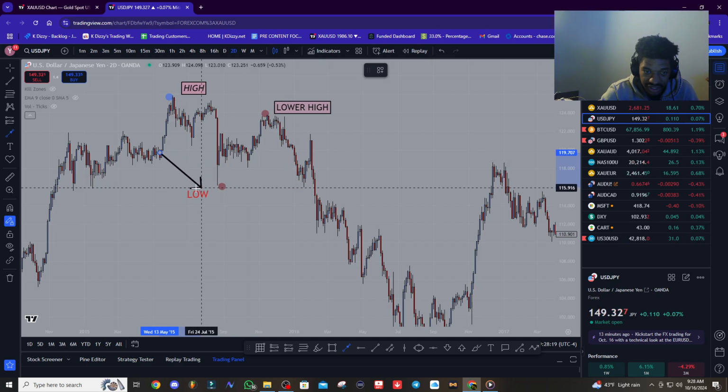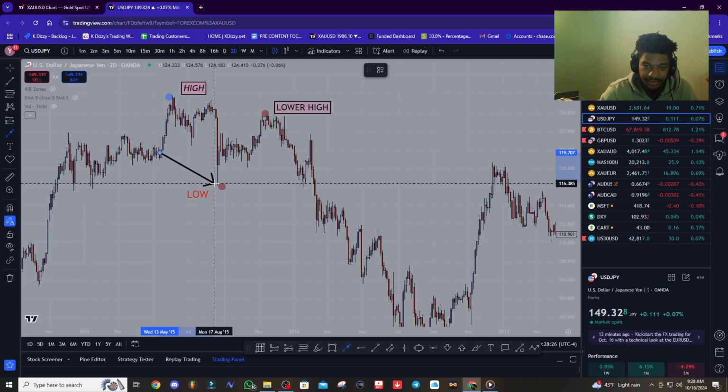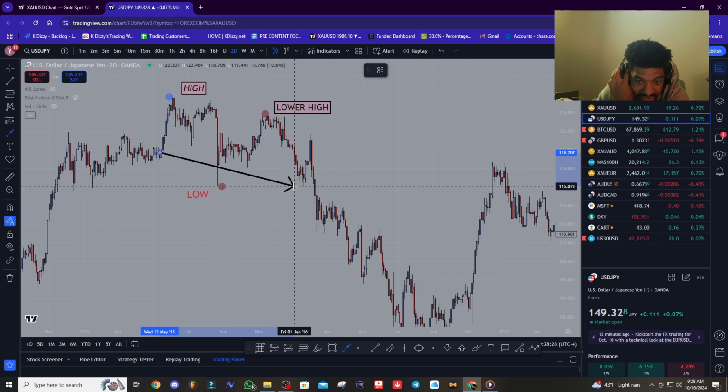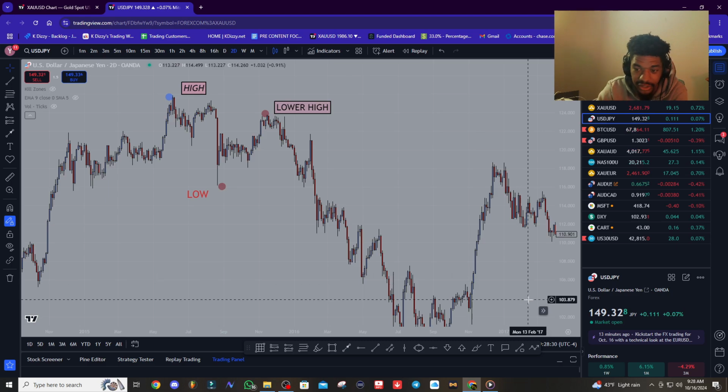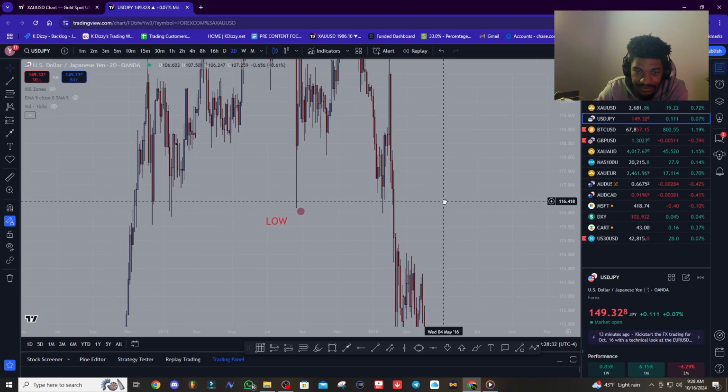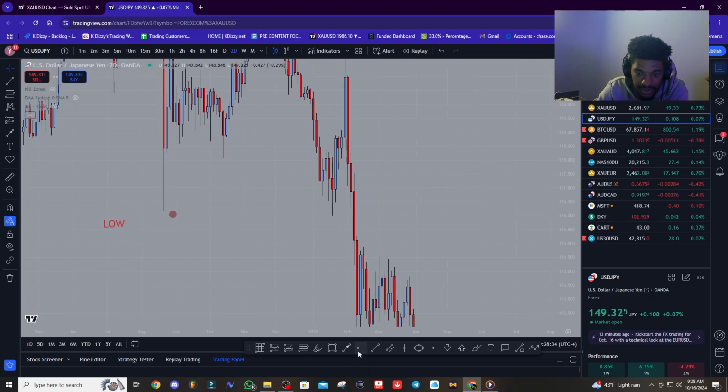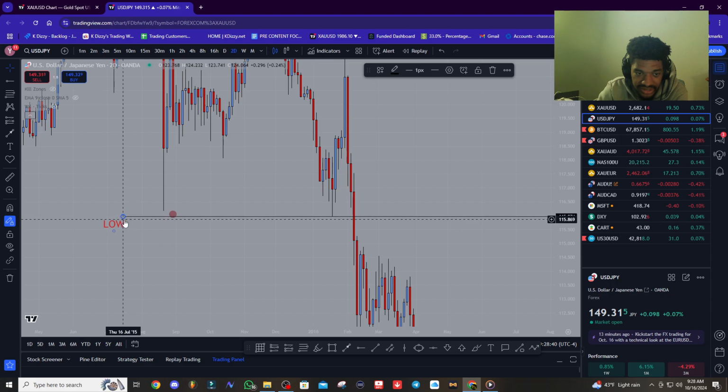Now it pushes down, right? And whatever we're going to identify has to be lower than this low to make it a lower low, you know? So this right here, and this is what I mean by thorough. You can zoom in right here. You can even put a line. I've got a horizontal line that I could use to just do this.